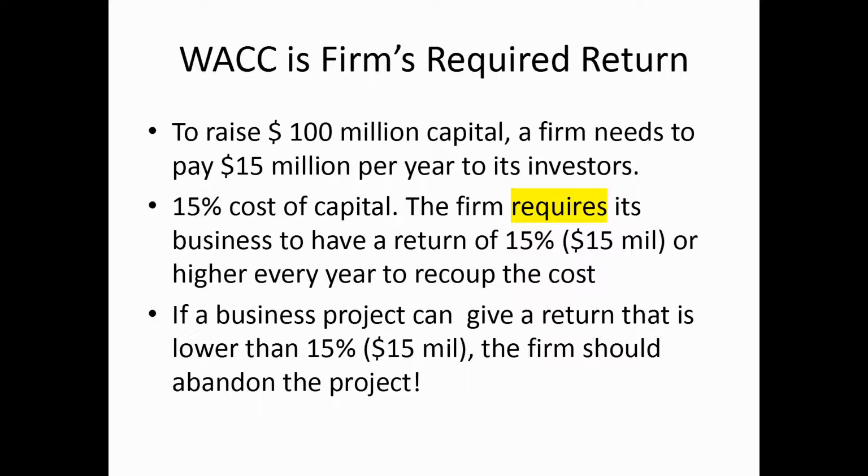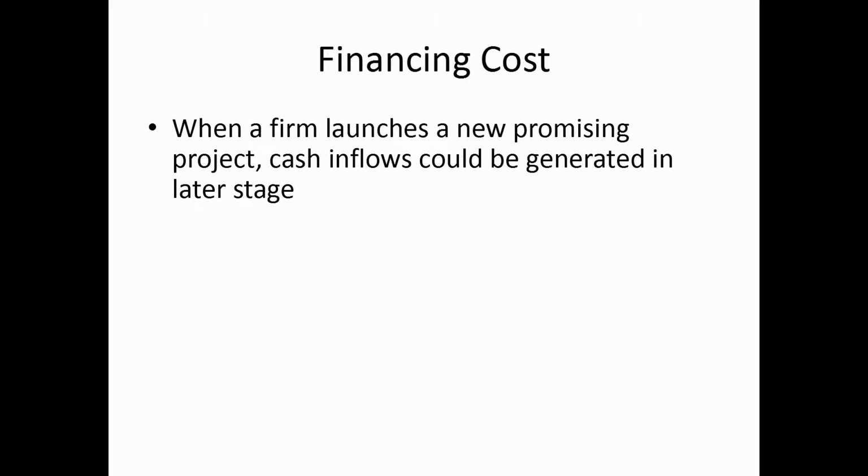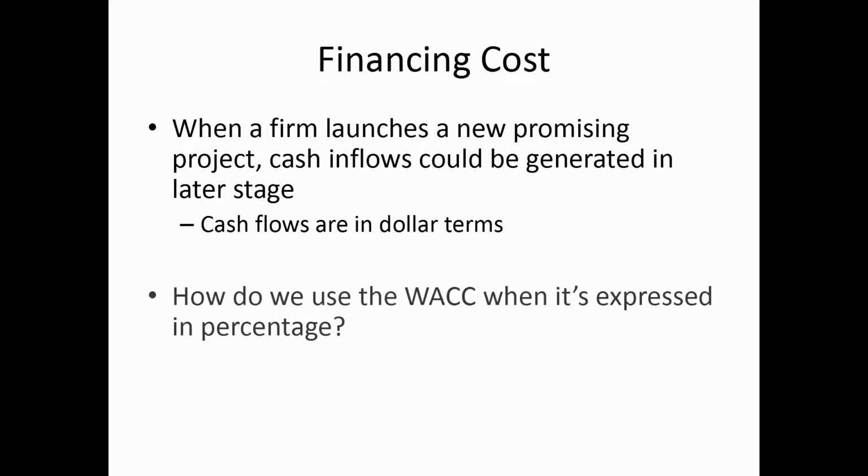So you always seek the project that would give you a return that is higher than the cost of capital. The financing costs, like interest and dividends, are in cash forms, but we do not incorporate those cash flows in the free cash flow calculation.